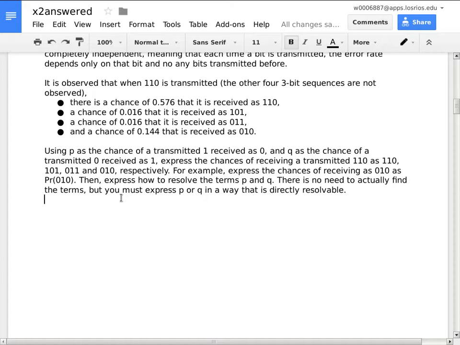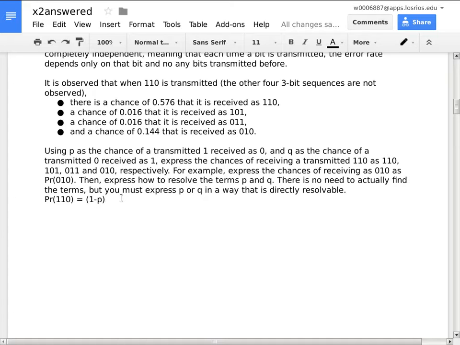So we wanted to show the chances of receiving each particular pattern. Okay, so turn off boldface. PR110 is going to be the probability of 1 minus P, because P is representing the chances of a 1 transmitted but received as a 0.